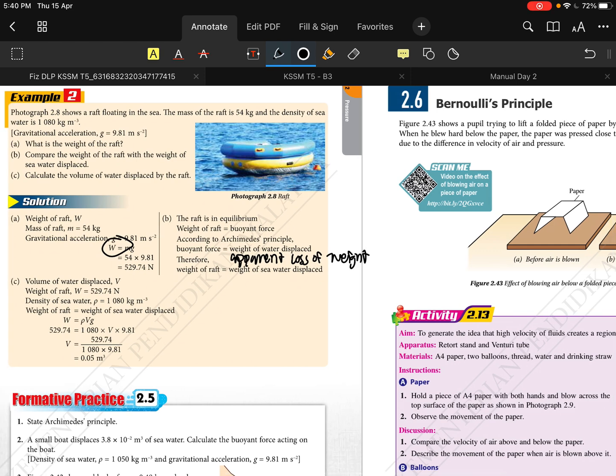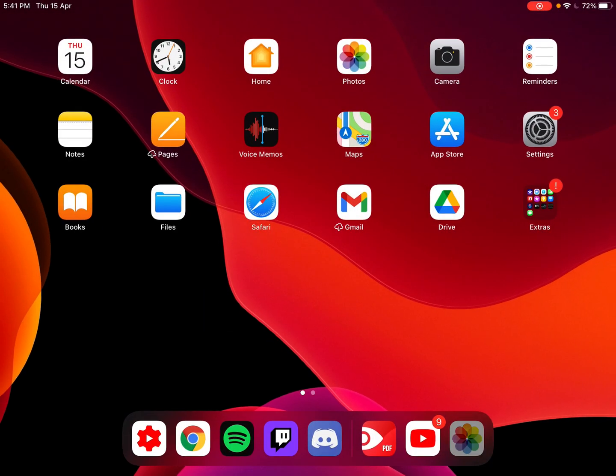These two are equal to each other, but since they're asking for the weight of seawater displaced, you only want that. So buoyant force is equal to the weight of the raft because it's in equilibrium, and buoyant force is equal to the weight of water displaced because of Archimedes' principle. Since they're both equal to the buoyant force, they're equal to each other.